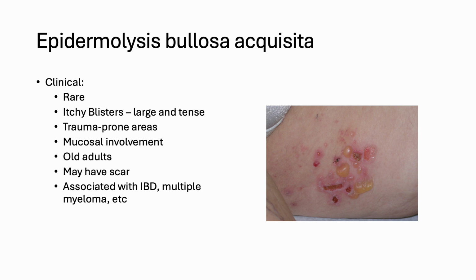If you look at the picture, it really resembles bullous pemphigoid, and it can be associated with trauma-prone areas and also has mucosal involvement. In older adults, there may be a scar from the healing of the lesions. Sometimes it is associated with other systemic disorders such as IBD and multiple myeloma.